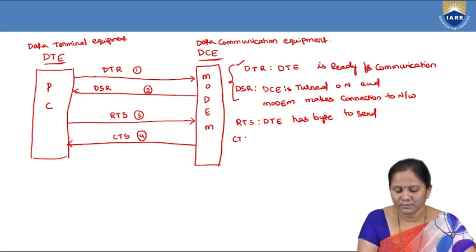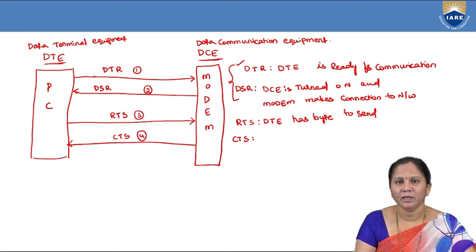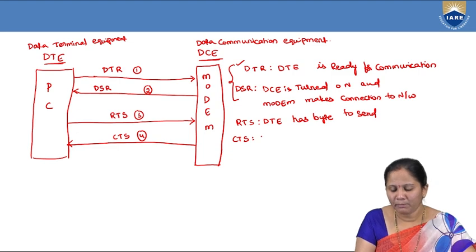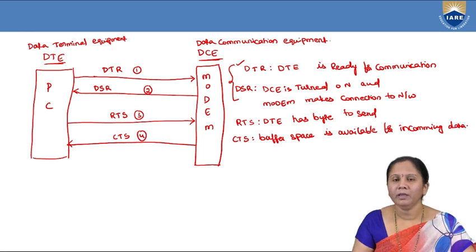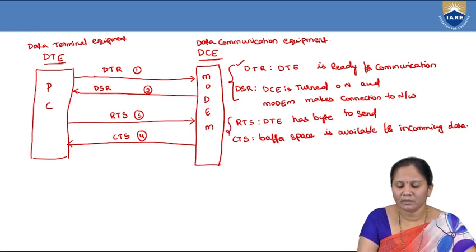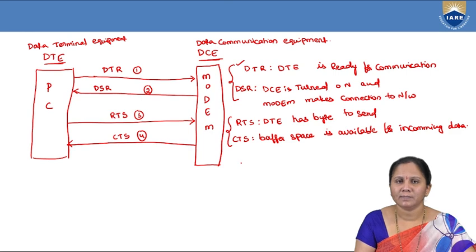Next is CTS. If the CTS signal is sent from the modem to the PC, it represents that buffer space is available for incoming data. Okay. So these are handshaking signals.